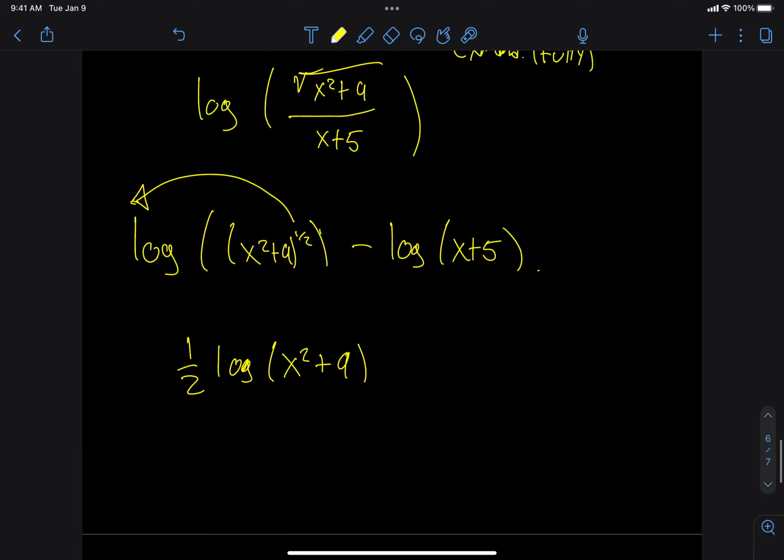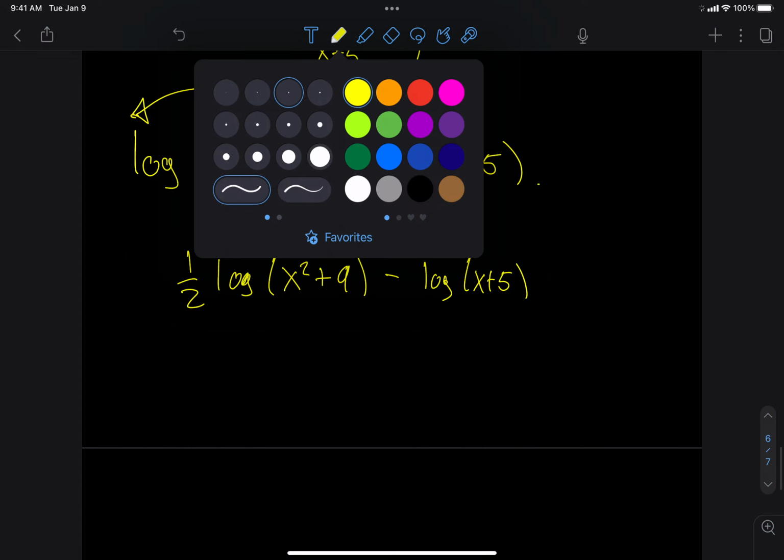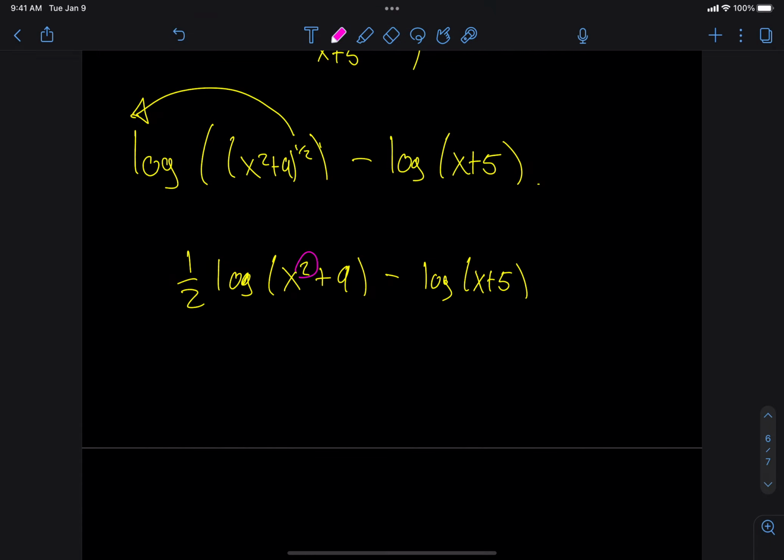Okay, but can we take this any further? How about this? Valid or not valid?